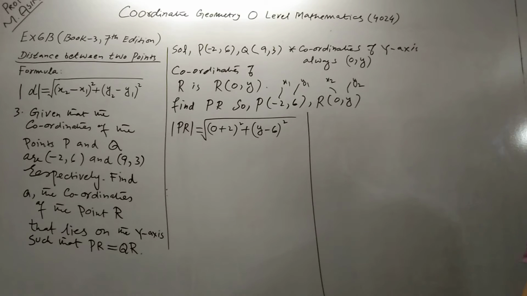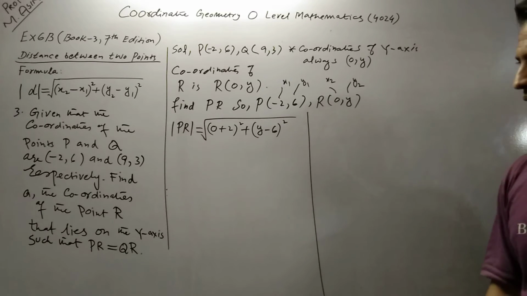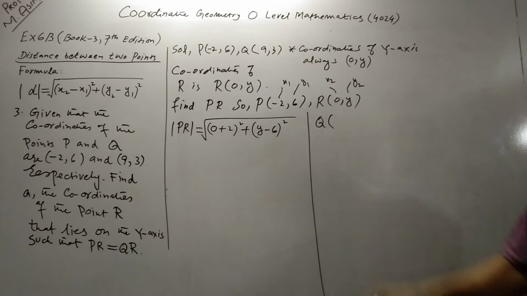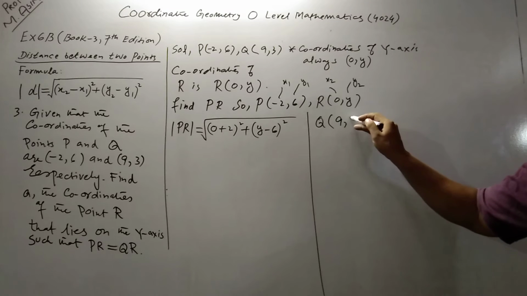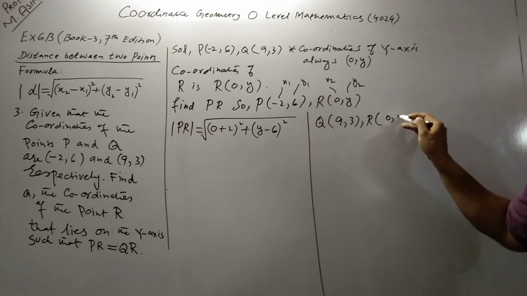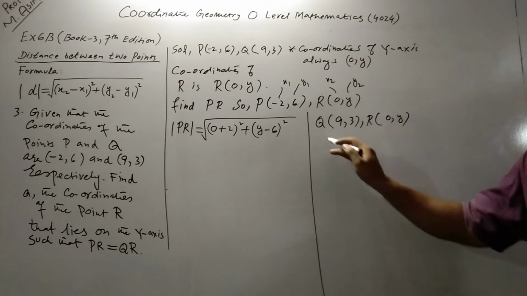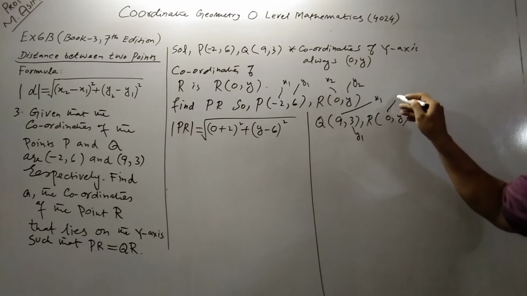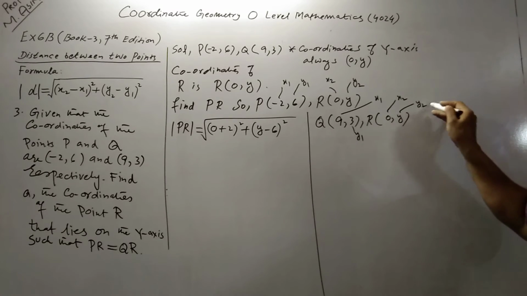Now to find the distance of QR, we need the coordinates of Q and R. What are the coordinates of Q? 9, 3, and the coordinate of R is 0, y. So this is x1, this is y1, this is x2, this is y2.